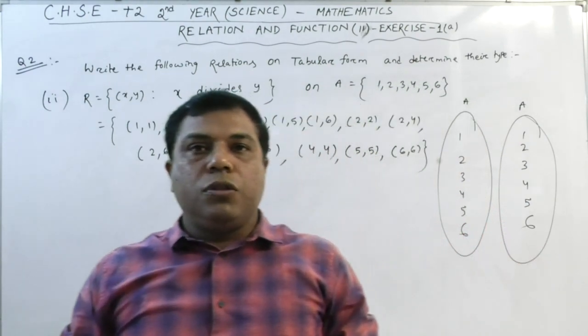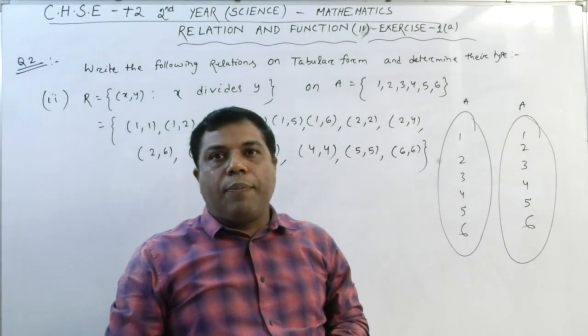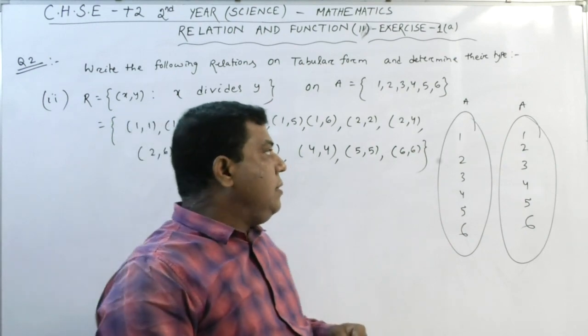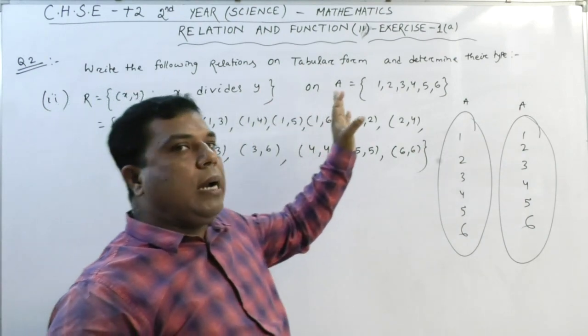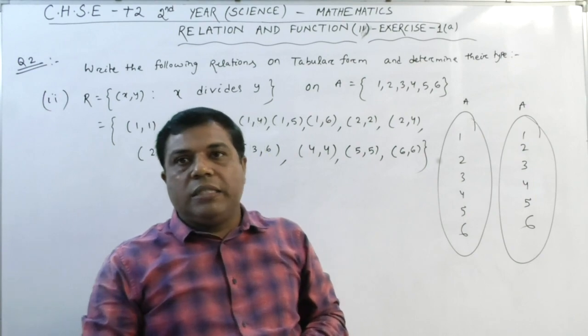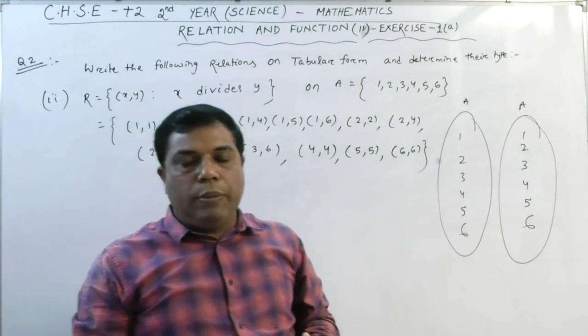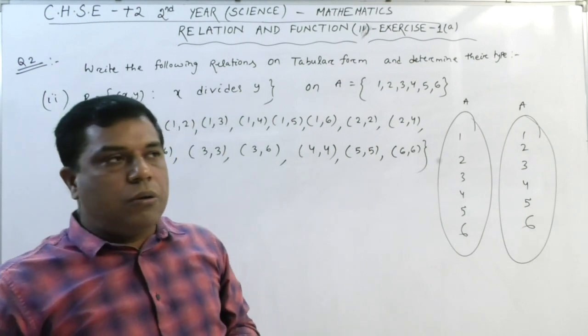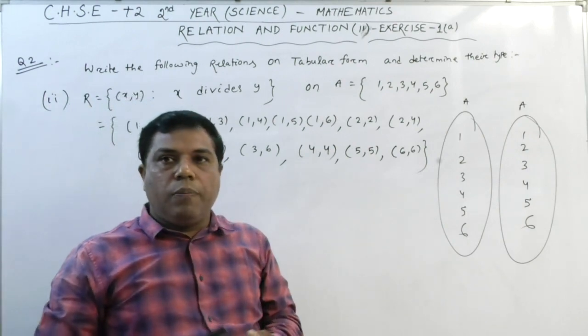Okay. So my dear students, after getting the relation, what we have to check out? We have to check out that this relation is under what type of category. It is reflexive or not, it is symmetric or not, it is transitive or not. Okay, that we have to check out. So first of all we will go for reflexive.